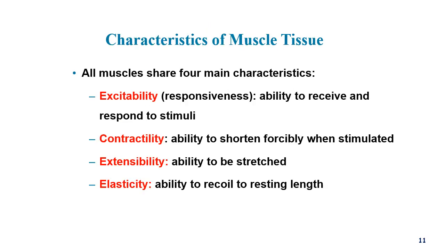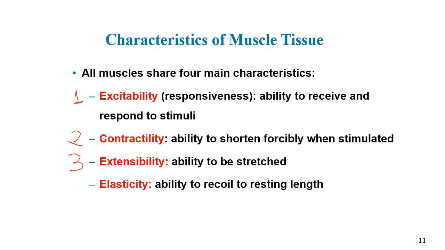All right. So here, characteristics of muscle tissue. The first characteristic is that they have to respond to certain stimulus. We call that excitability, so responsiveness. Another thing they have to do is contract. That's why you call them muscle tissues, right? The third characteristic is interesting because it has to do with extensibility, the ability of this muscle to stretch.